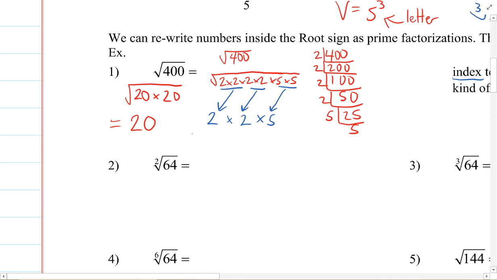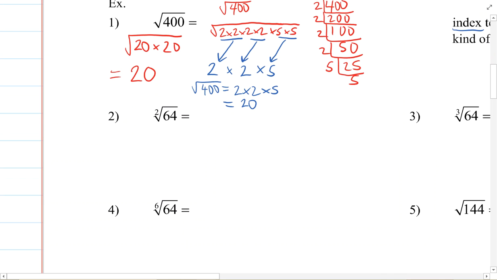So now we can say square root 400 equals 2 times 2 times 5, which equals 20. Okay, so we can use our prime factorization to find our answer for the harder ones. And we use a skill to simplify some questions which aren't perfect squares, and that's coming up in a couple classes.